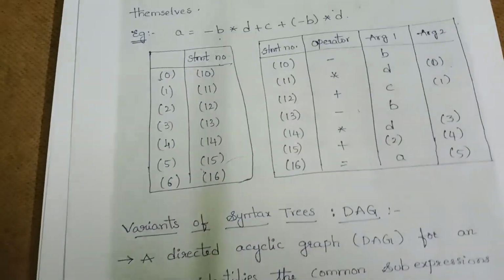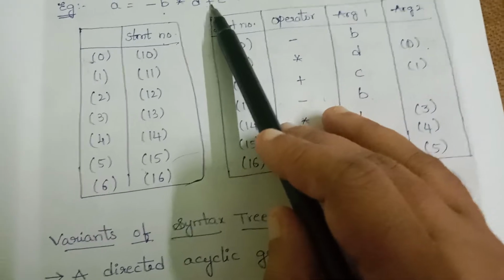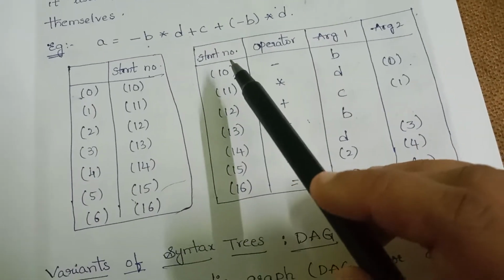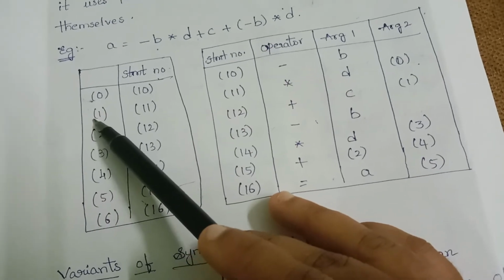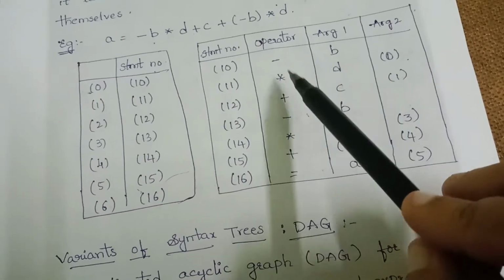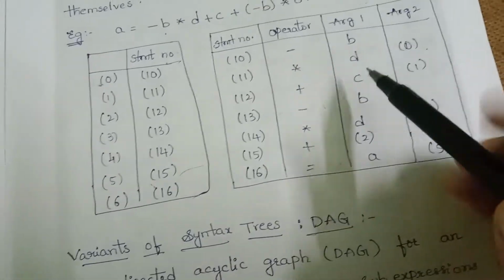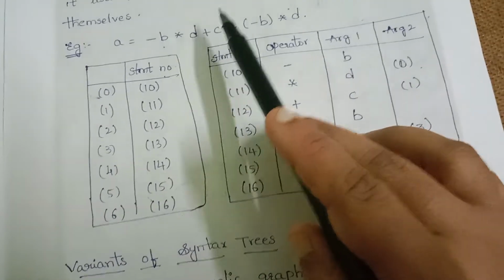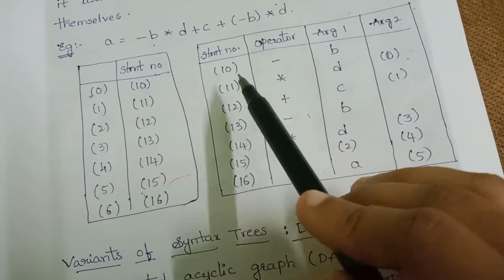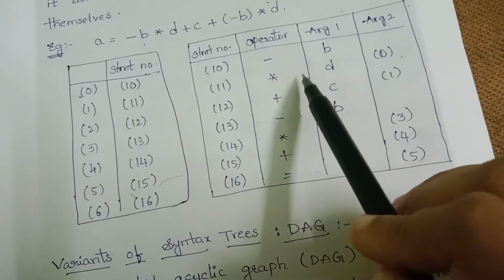Clear? And the next one is, after the completion of this we need to go for plus C. In argument 1 we have that D star. So here the argument 1 is C and argument 2 is 1. So in 1 what we have is D star.